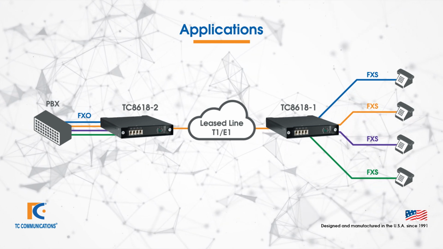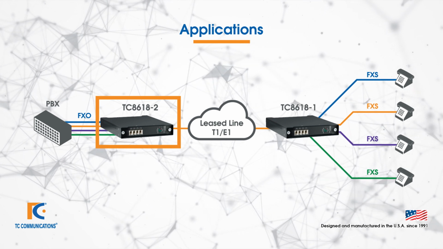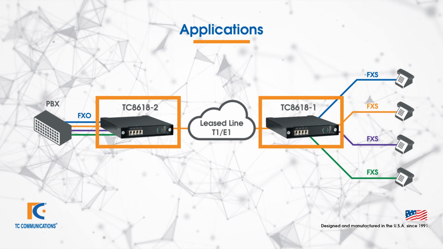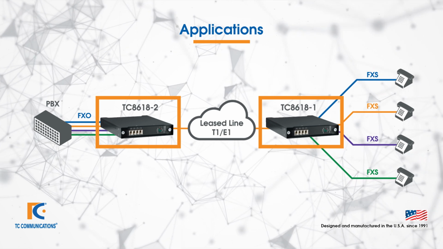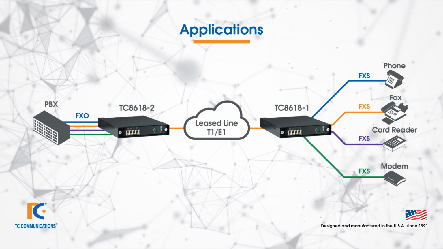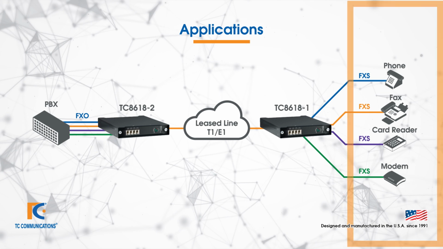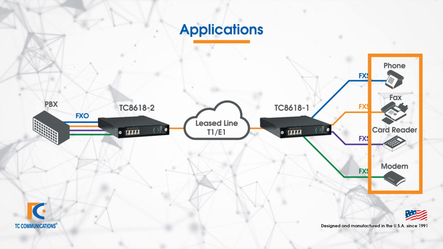The PBX, of course, is connected to our TC8618-2 for FXO, and the FXS devices are connected to our TC8618-1 for FXS. In addition to phones, each phone connection is also capable of connecting fax machines, card readers, modems, etc.